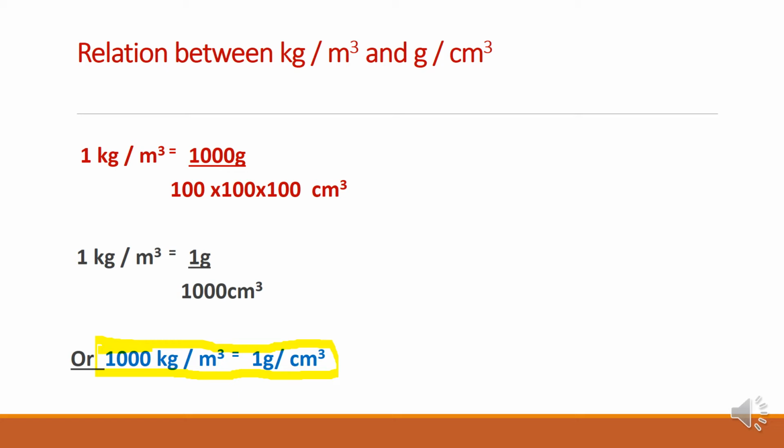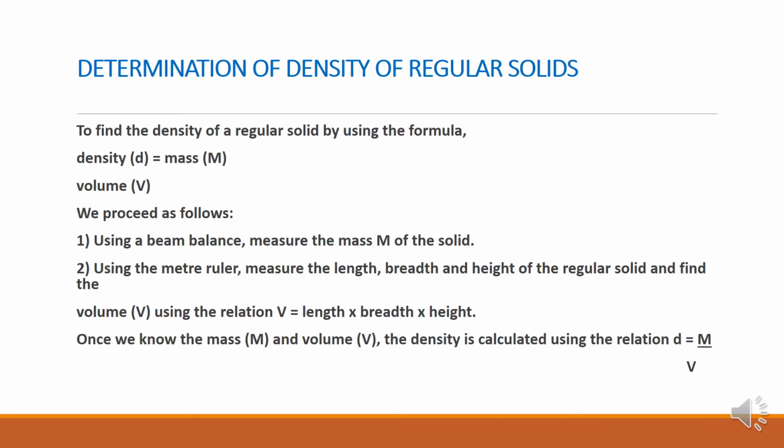You understand? So if you have 2000 kilogram per meter cube, convert it into gram per centimeter cube. You will write 2 gram per centimeter cube is equal to 2000 kilogram per meter cube.